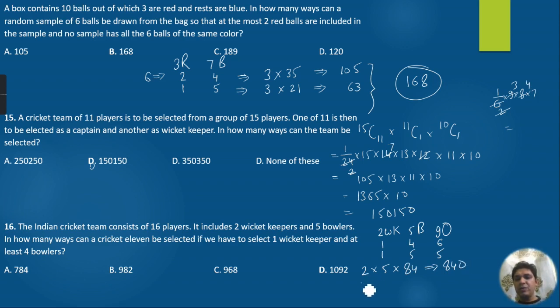Second case, if I come to 2C1, that is 2, 5C5, that is 1, and 9C5 will be equal to 9C4. So just solve it for 9C4. This will be 1 by factorial 4, that means 24, multiplied by 9 multiplied by 8 multiplied by 7 multiplied by 6.